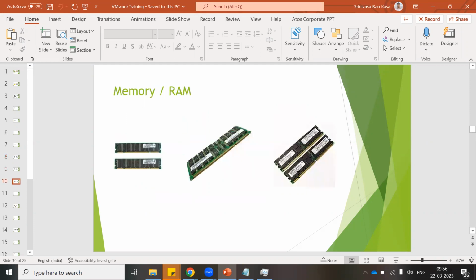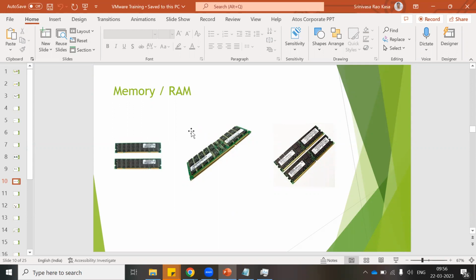So this is a memory. The memory, we are going to call it RAM also. So don't get confused, memory and RAM. Most technical people have some miscommunication and assumptions: if I ask what our mobile configuration is, they will say storage as memory.